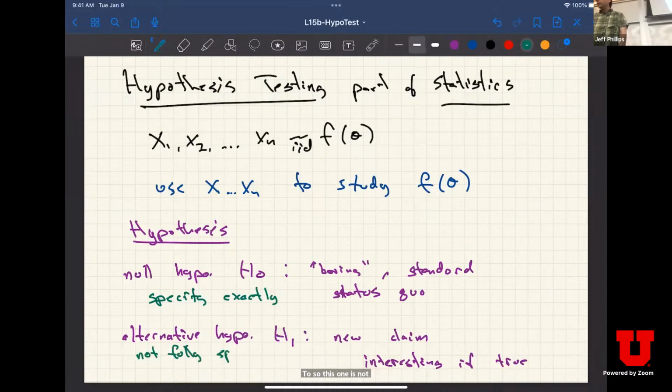For instance, if I think there's a particular value for the parameter theta, the alternative hypothesis might be that the true value of theta is larger than theta 0.